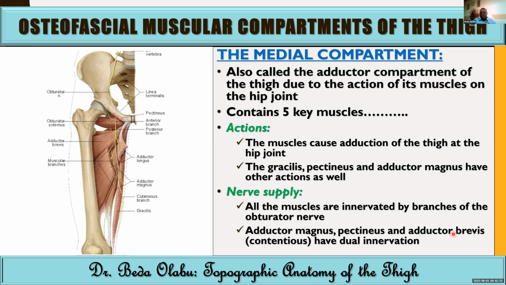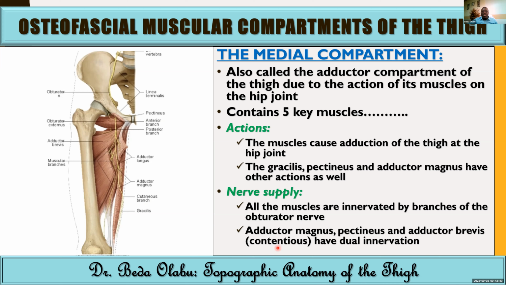Adductor brevis is contentious. The nerve that goes to adductor brevis is the obturator nerve. However, the obturator nerve has two divisions, the anterior division and the posterior division. Both of those divisions supply the adductor brevis muscle, and that is why we can consider adductor brevis as also having dual innervation.